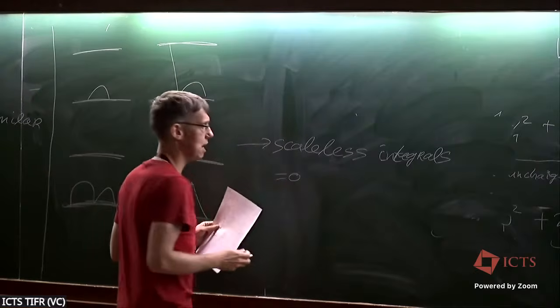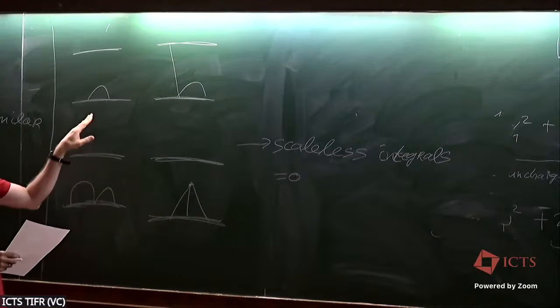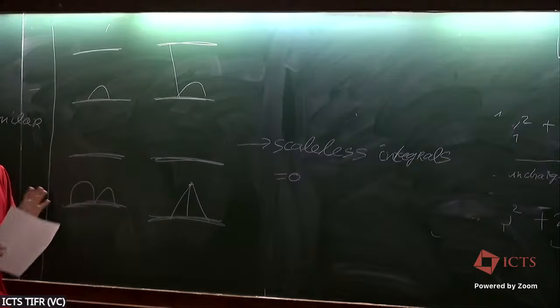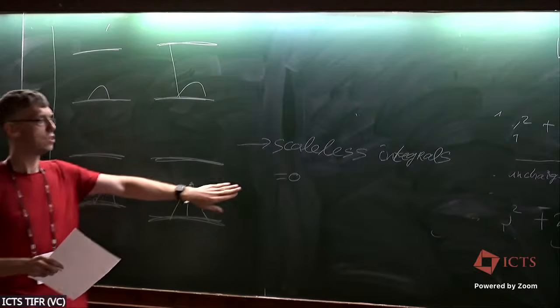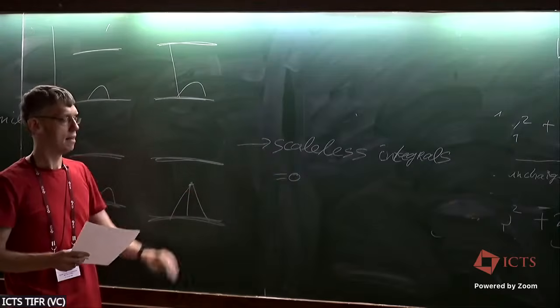So that's one nice feature of dimensional regularization, in that those self-interactions are naturally zero. You don't have to do any cutoff scheme, renormalization of the masses, etc. They are just zero in that regularization scheme.